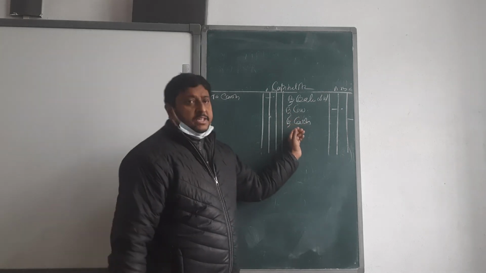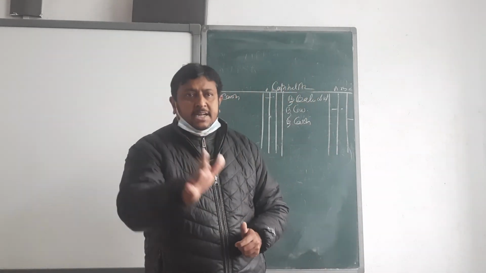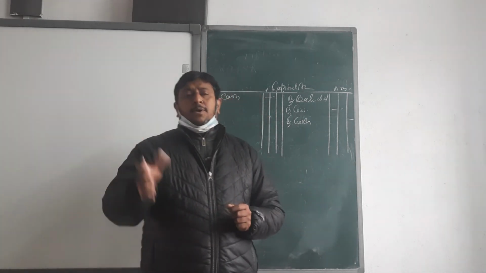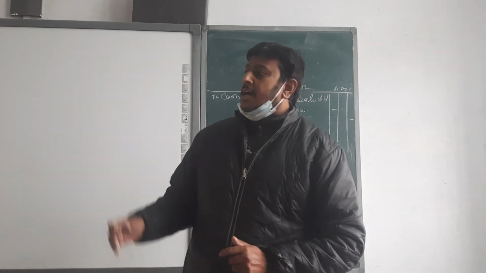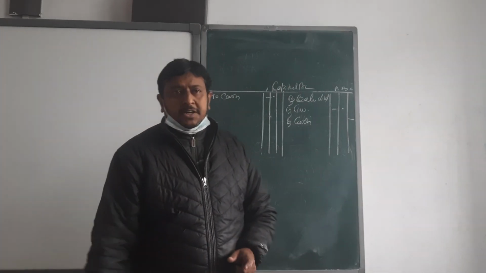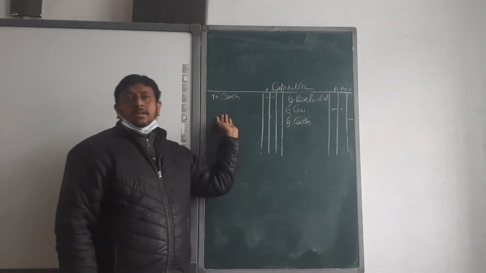After posting these entries we look at the balance sheet. In this balance sheet, if a reserve is there, then distribute it on the credit side. If profit is there, distribute on the credit side. If workmen compensation fund is there, distribute on the credit side. If investment fluctuation fund is there, distribute on the credit side. If loss is there, distribute on the debit side.